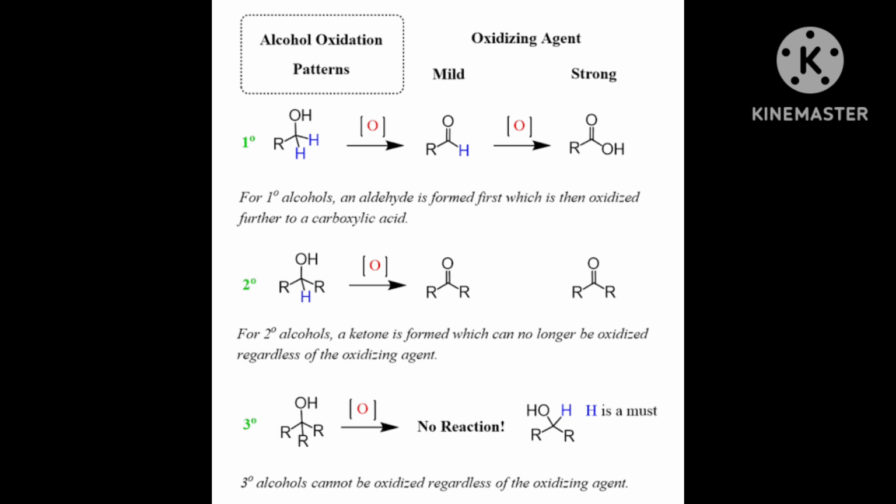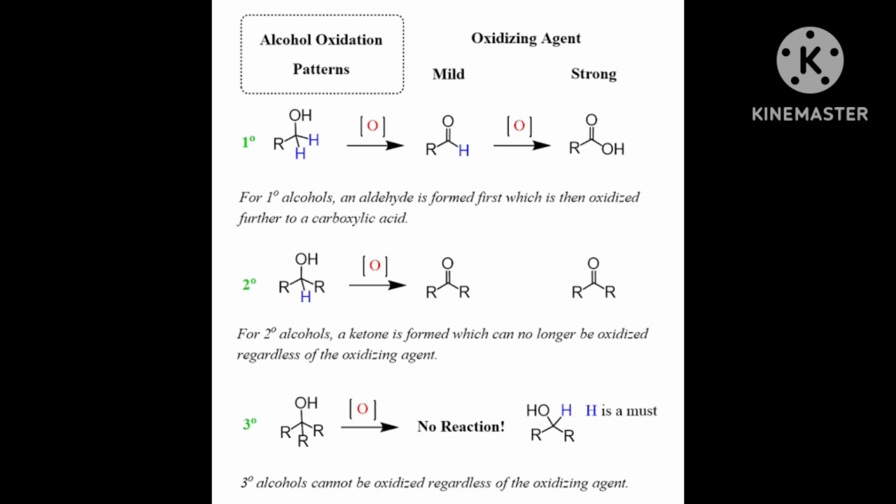Suppose it is CH3OH, methyl alcohol. You can take it as an example. Then two types of bonds will break here.